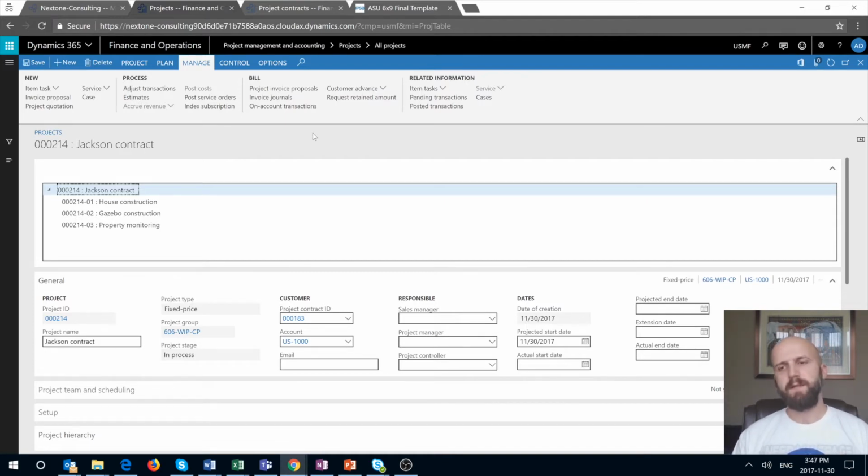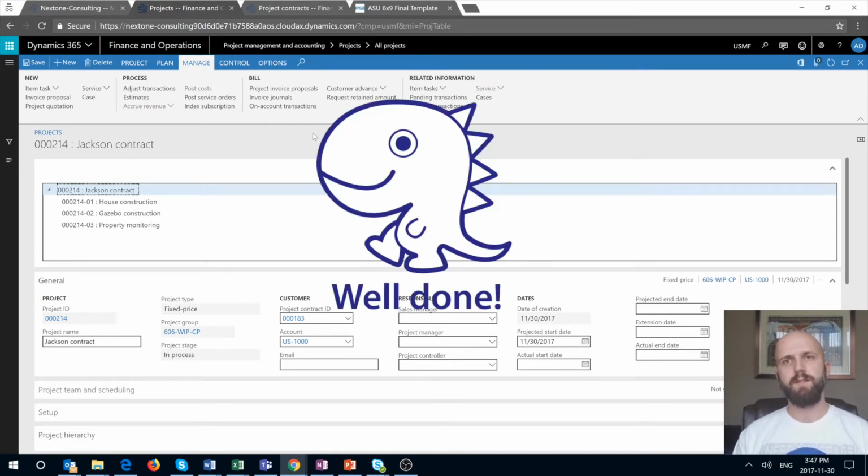In my experience, the performance obligation in the system is better set up as a sub-project in D365. That means we can assign a transaction price to it by means of putting an on-account transaction, and we can determine the completed percentage for each performance obligation separately.